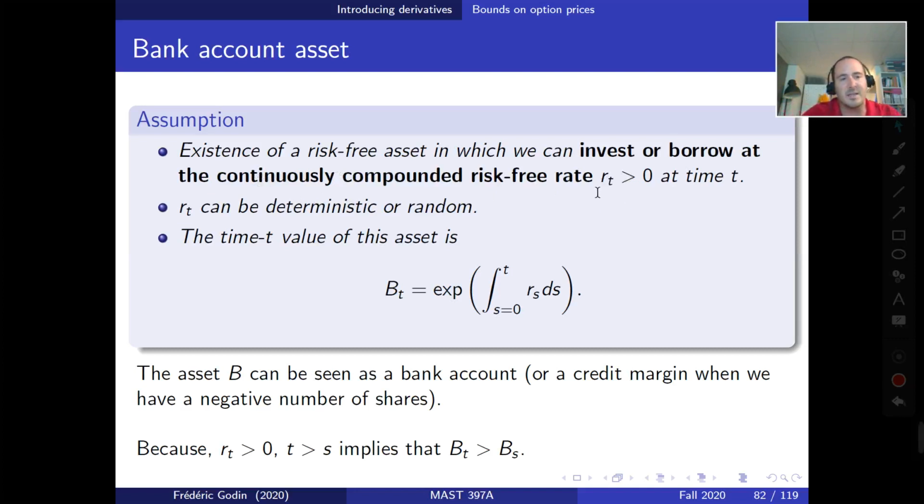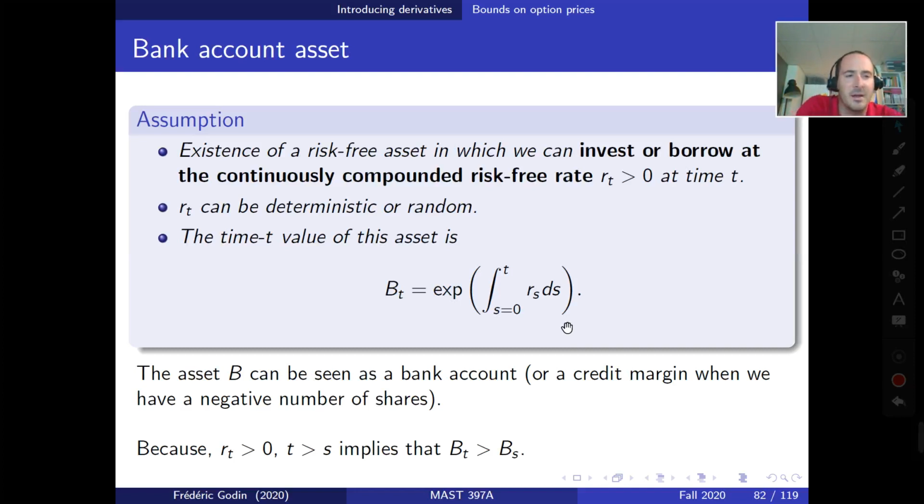So if we invest in that asset, then the time t value of this asset is given by this. The time t value is the exponential of the integral between 0 and t of the short rate at time s, where s goes from 0 to t. So this is the regular interest rate accrual formula for continuously compounded rates.